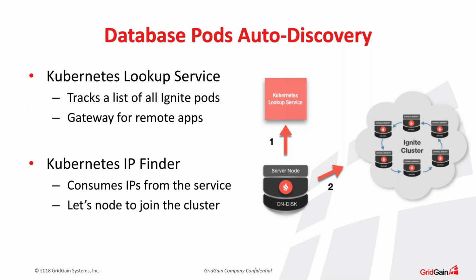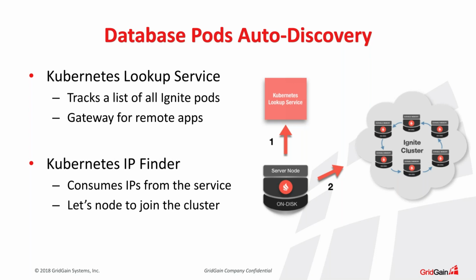The main point here is that a distributed database needs to have a special networking component that can grab all the existing IP addresses of database nodes and then use those addresses to connect to the existing cluster. So it's pretty straightforward. And that's actually all you need to do on the database side to make sure it can be deployed in Kubernetes.